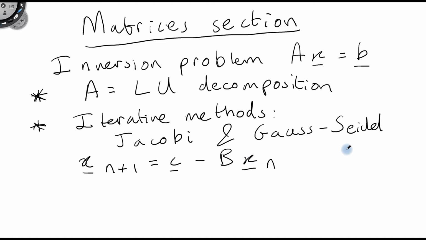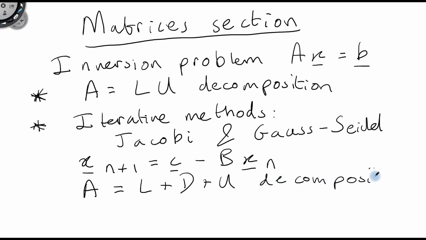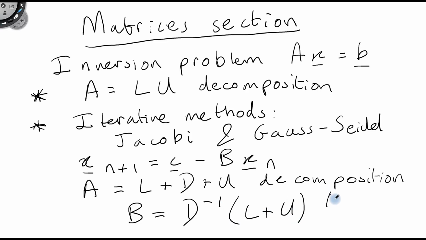And we also looked at the L plus U plus D decomposition, and for example, we then inferred what B was for Jacobi.